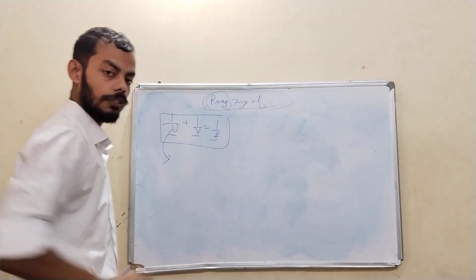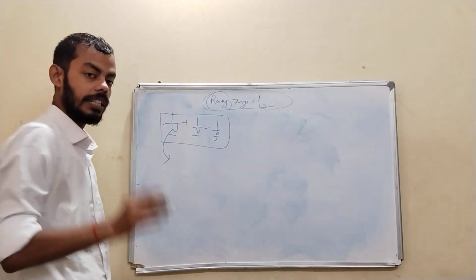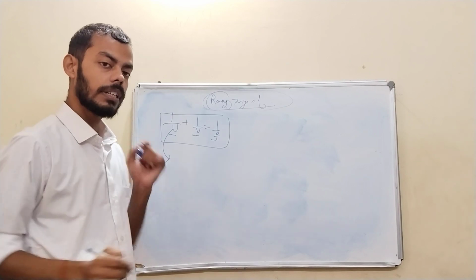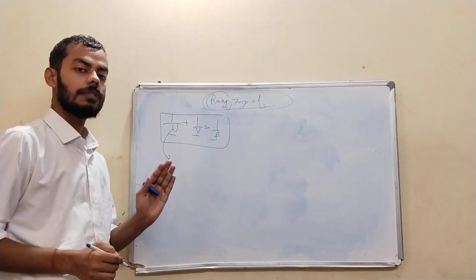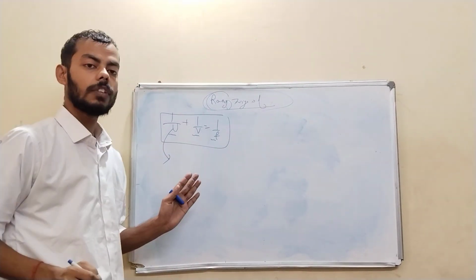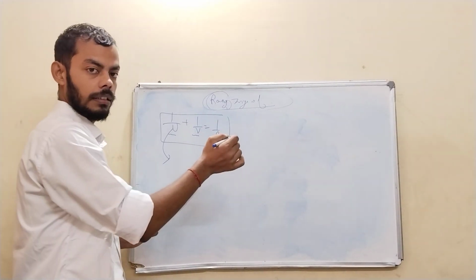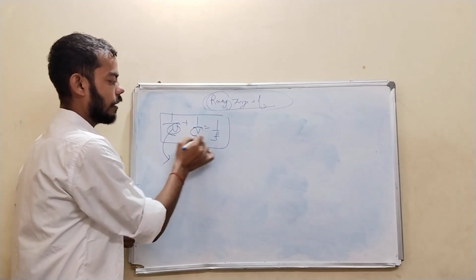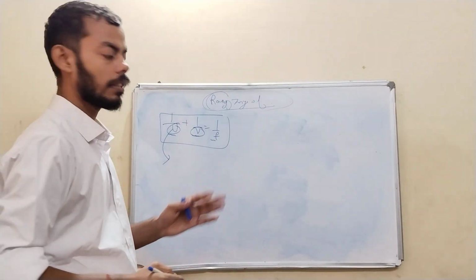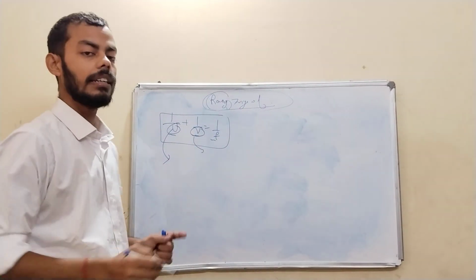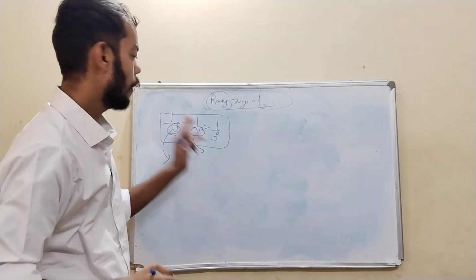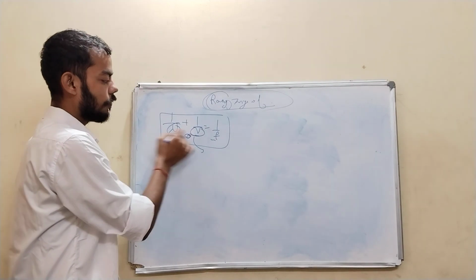What is u? u is the object distance. Object distance is the distance between the location of the object and the pole of the mirror. What is v? v denotes the image distance, defined as the distance between the pole of the mirror and the location where the image is formed.